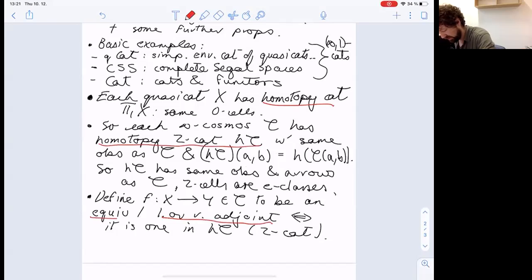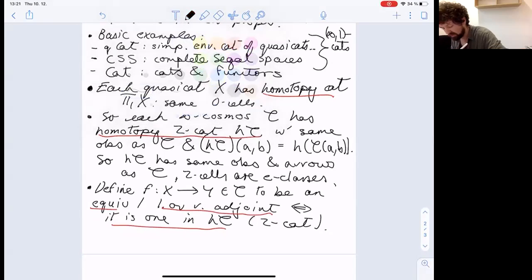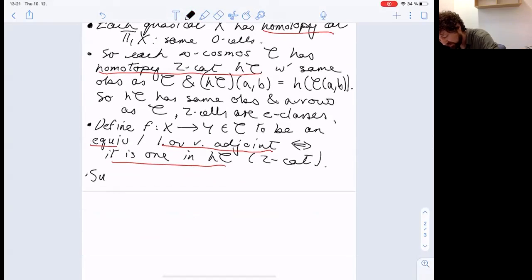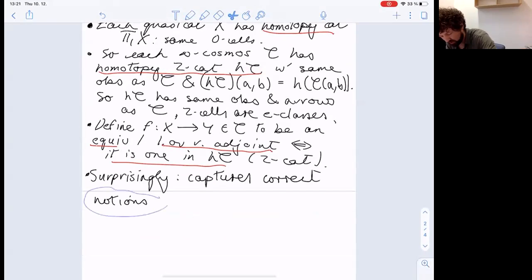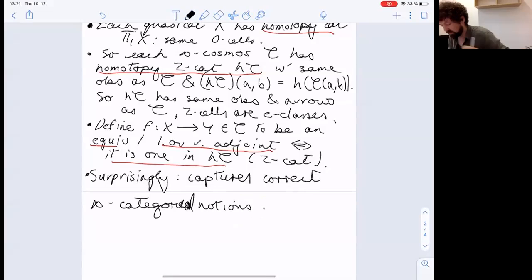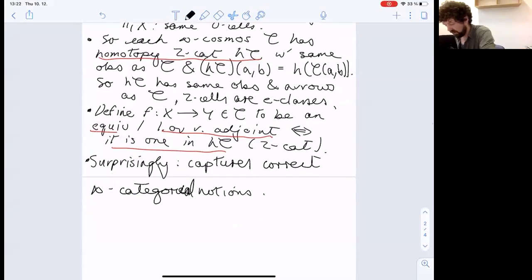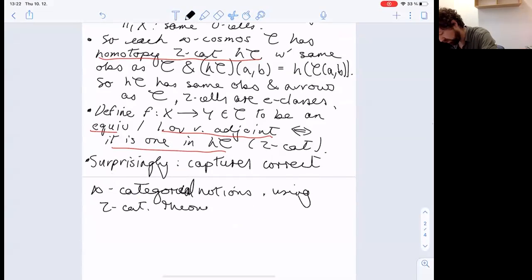We can define things to be an equivalence if it is one in HC. And importantly, perhaps surprisingly, this 2-categorical quotient captures the correct infinity-categorical notions of equivalence and infinity-categorical notions using just 2-category theory.